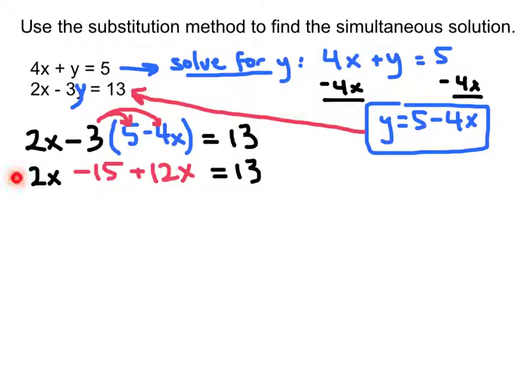From there, we want to see if we can combine like terms. So I'm going to look at 2x plus 12x. 2x plus 12x will give me 14x. Just going to rewrite that minus 15 equals 13.